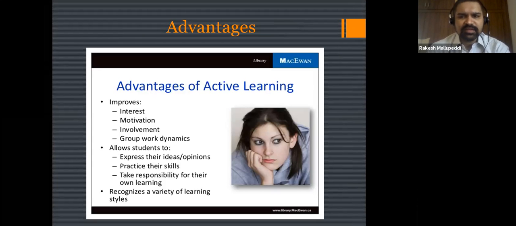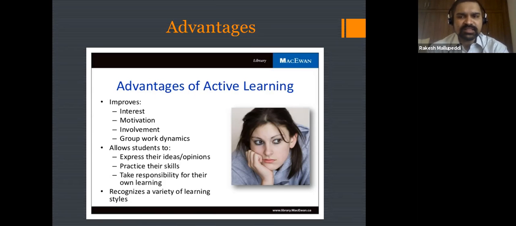So when you're putting all these techniques together, you can see there is a lot of improvement in their interest, in their motivation, in their involvement, in their group work dynamics.